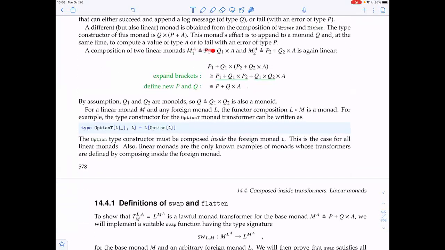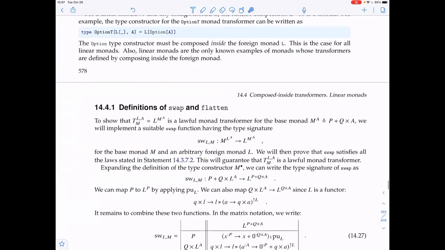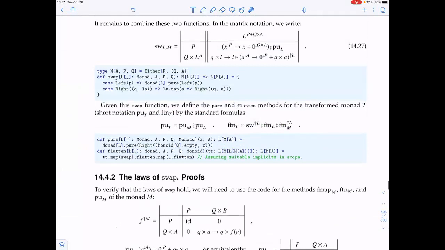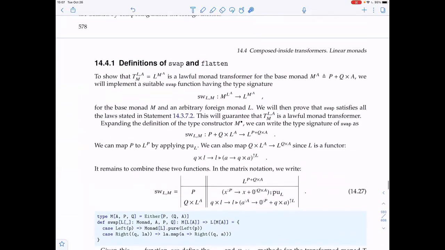For example, the composition of these two is again linear with different P and Q. So if you can compose them, you still get a linear monad, like a linear function. You can compose several linear functions, which will again give you another linear function. I go through the laws of swap, so I need to prove that they hold for monads of this type.